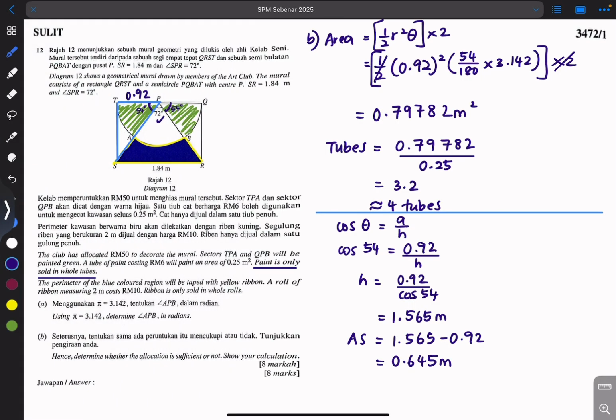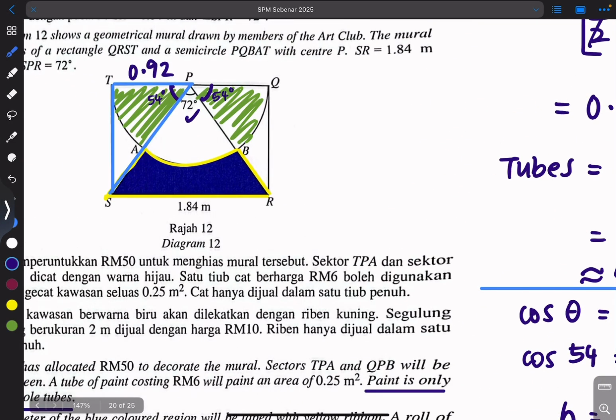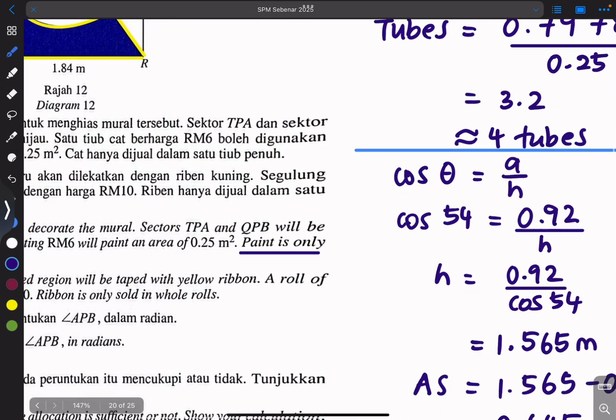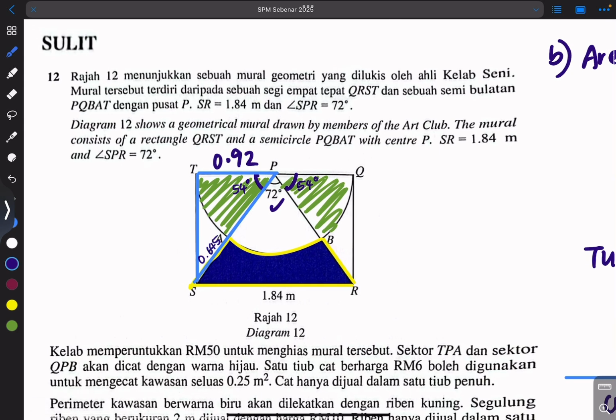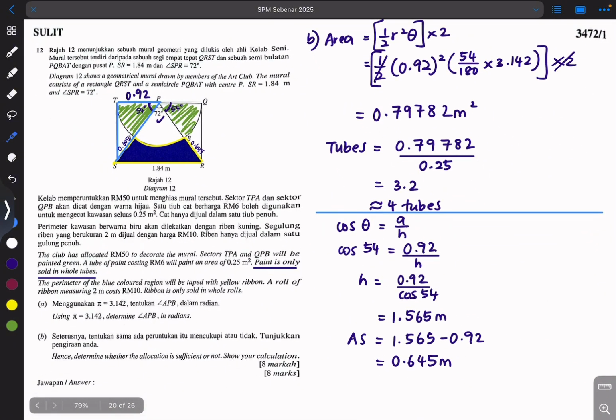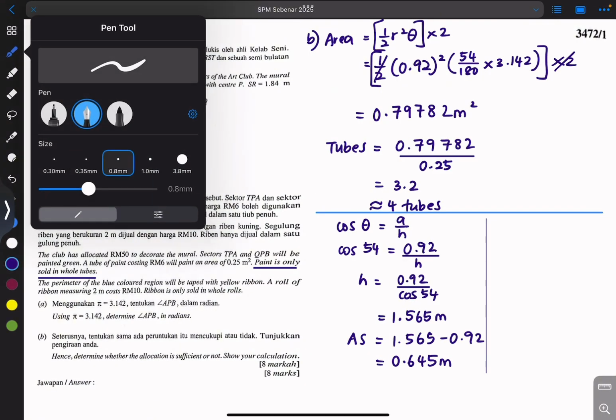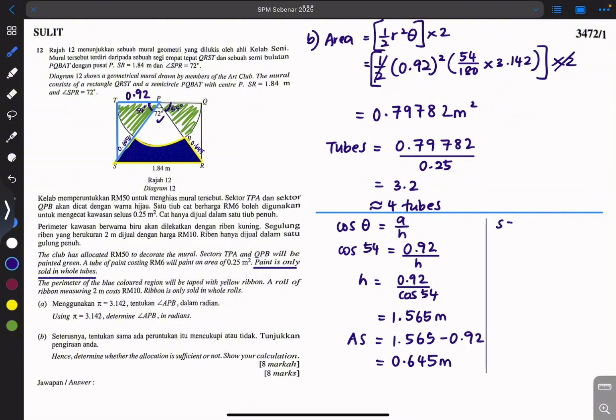So this one is 0.645. This one also 0.645. Now the only thing left is this length, AB. Here this is an arc, so we use S equals R theta. We know the radius is 0.92.